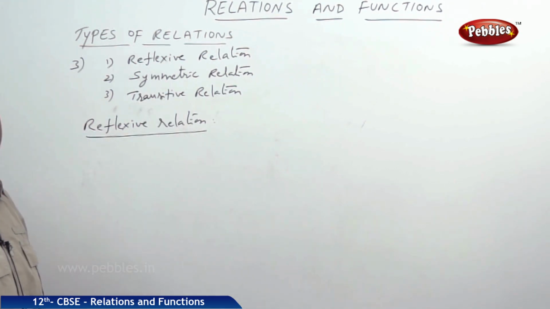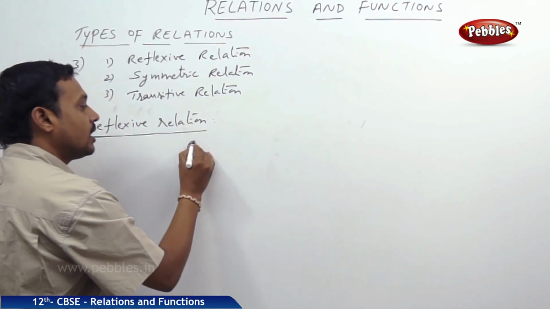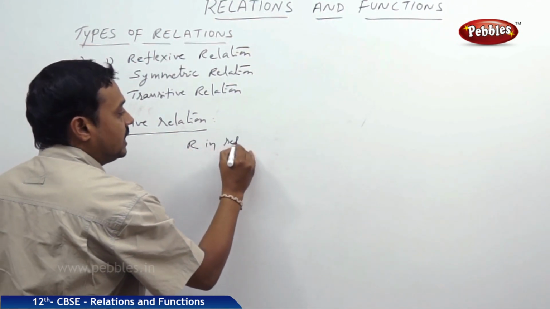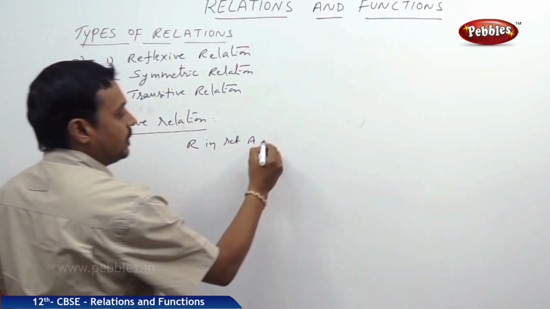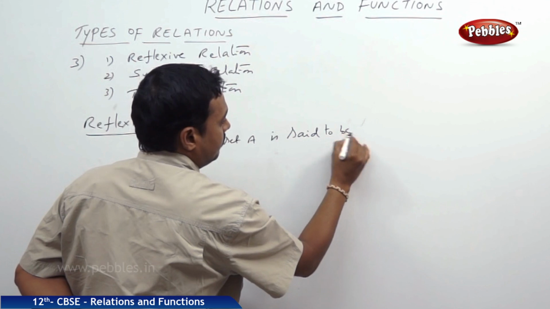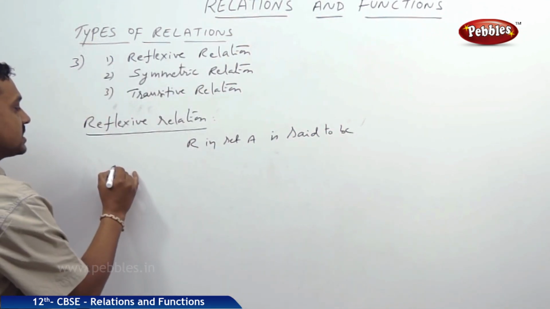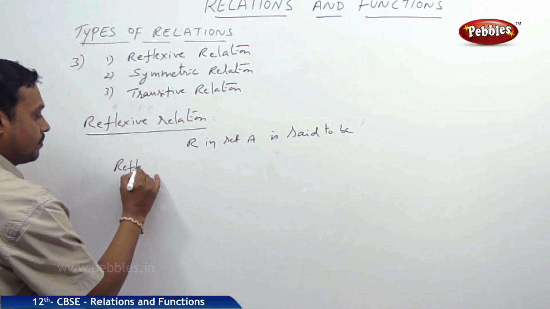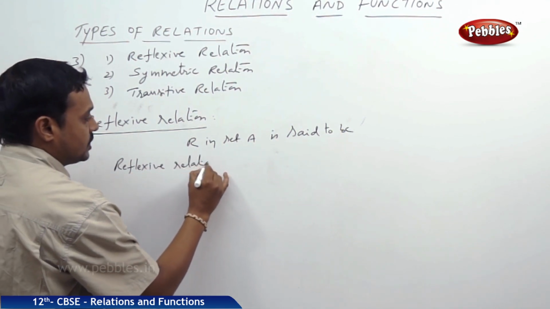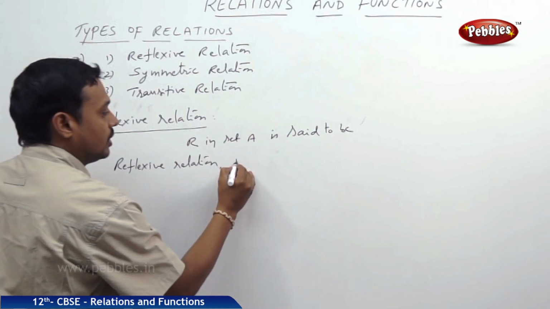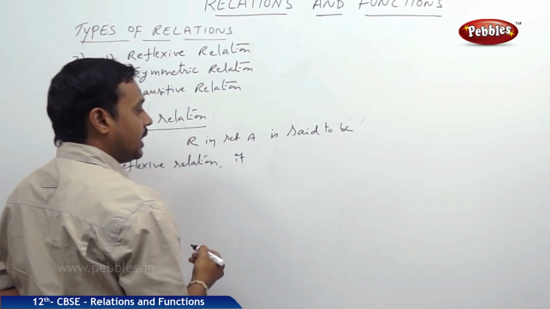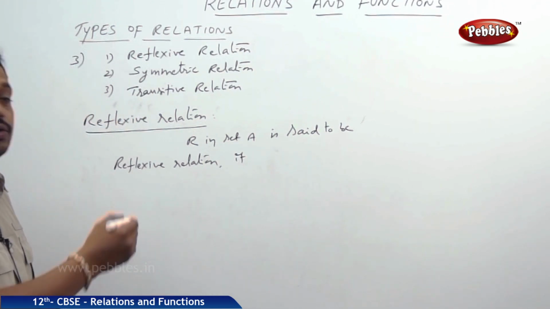What is a reflexive relation? A relation R in a set A is said to be a reflexive relation if every element of A is related to itself.